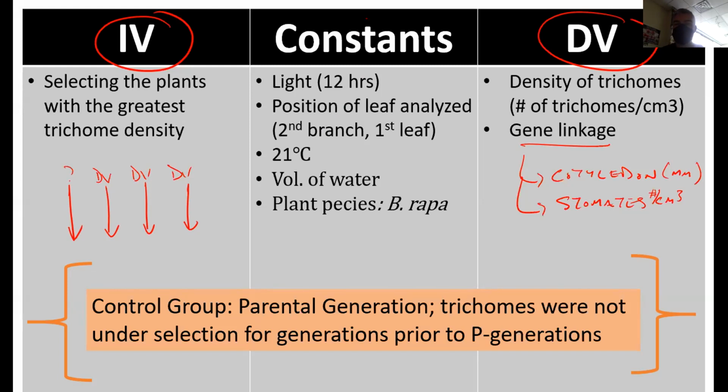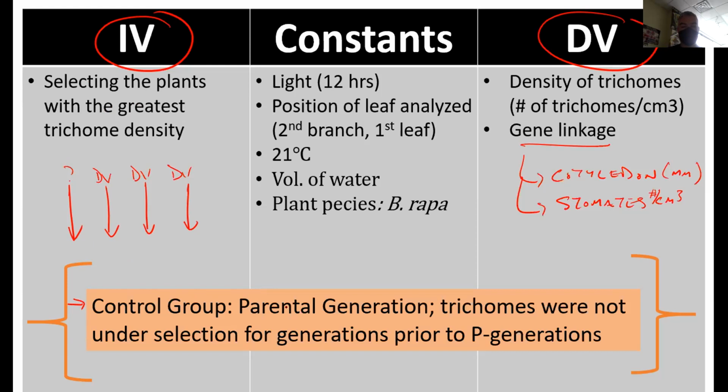Don't be afraid to talk. Yeah, you can see what my independent variable is. It's selection, right? We know it's selection, but what could I put? Look at this. This might help you. Remember, you always got to compare things to your control group.